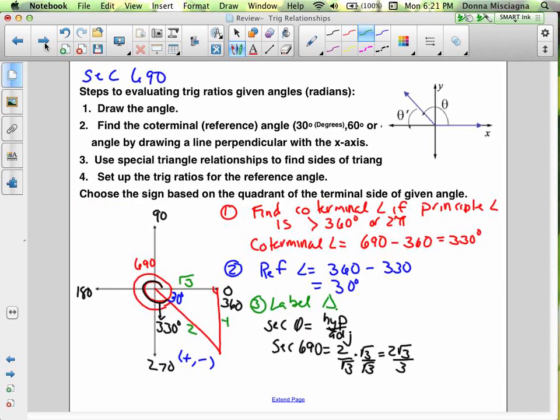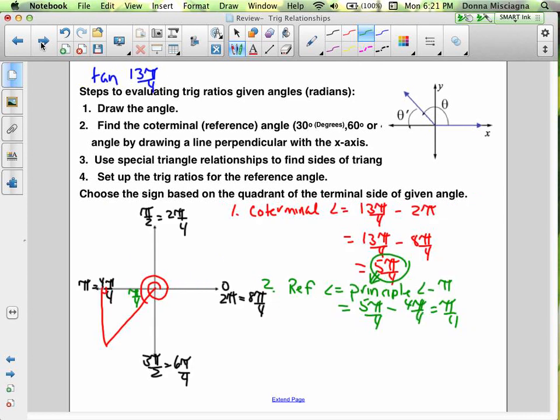So this would be 1 and 1 and the square root of 2. But remember, this is the third quadrant where x is negative and y is negative. So these are both negative.